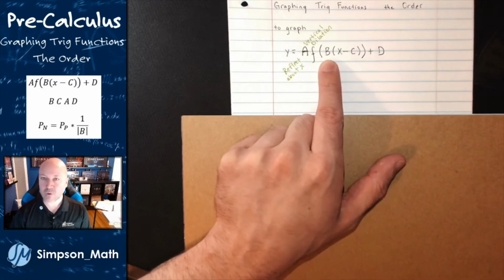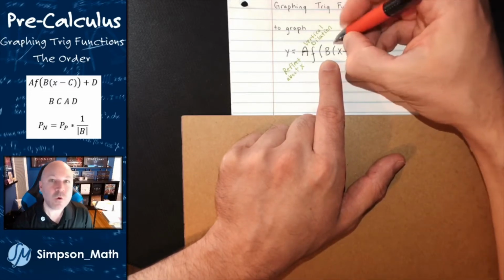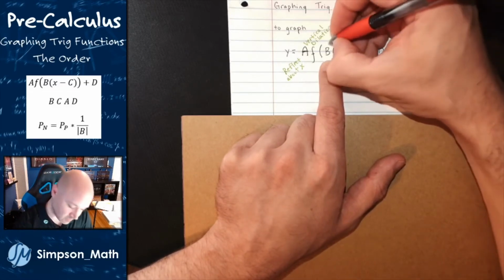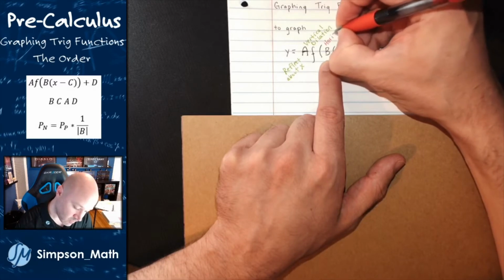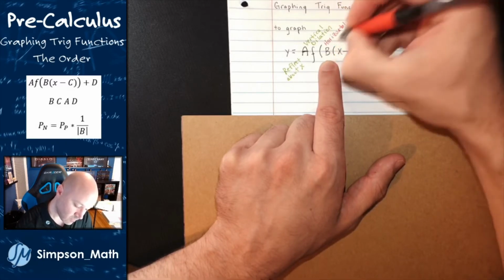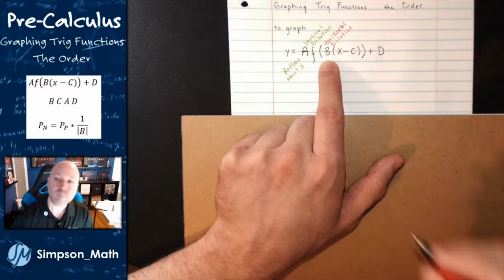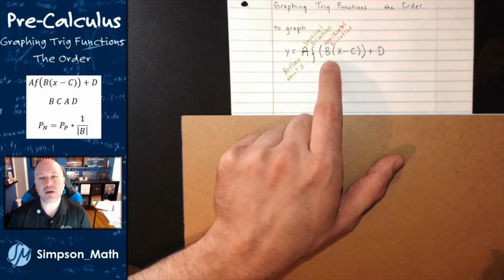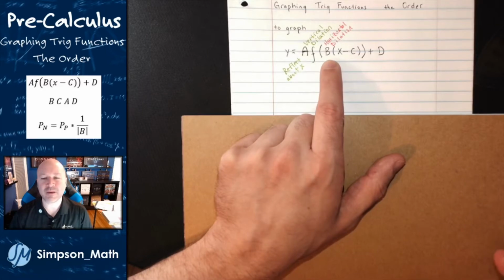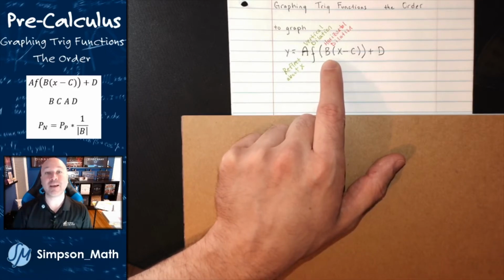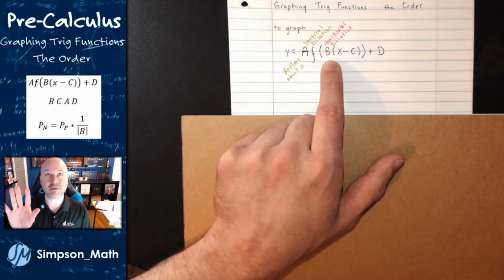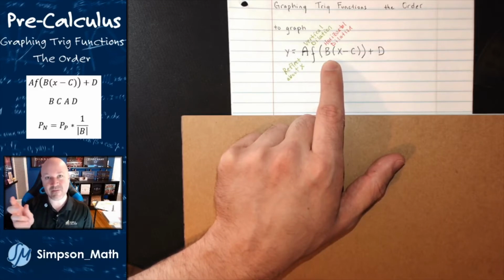So A is taken care of. B, well, remember that's going to affect your period of a periodic function. This is a horizontal dilation. And this one's a little bit counterintuitive maybe. If b is a number like 5, we're actually going to multiply the x values by 1/5.